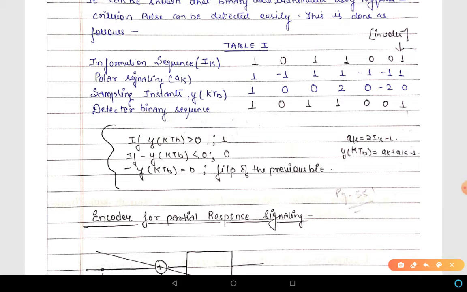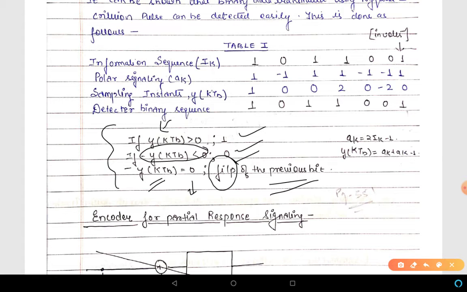If we choose this decision rule, that y(kTb) is the sample value: if it is greater than 0, you decide in favor of bit 1. If this value is less than 0, you decide in favor of bit 0. And if y(kTb) is exactly 0, then you flip whatever was there in the previous bit.